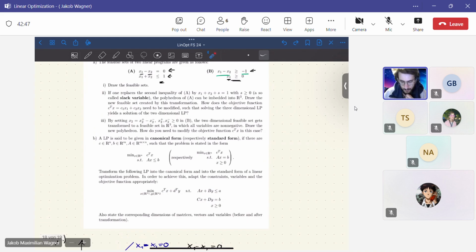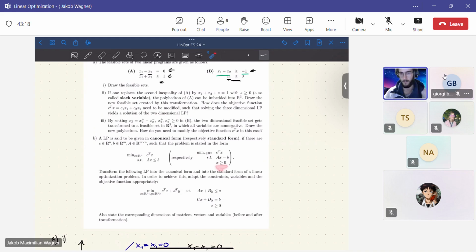And now we want to apply what we've just seen in order to rewrite this into either the canonical form, which is just inequality constraints depending on some A and b, or into the standard form, which is equality constraints in a general format and then sign constraints on all the variables in our problem.